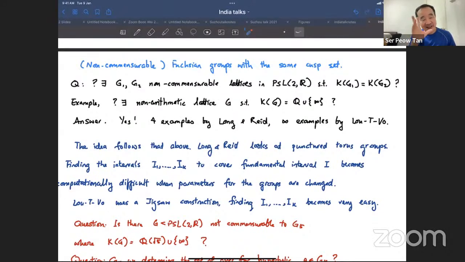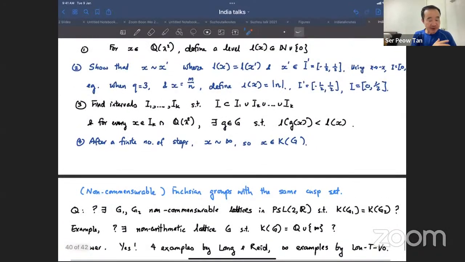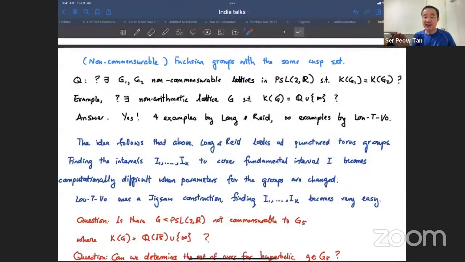There was a kind of variation of certain parameters, from some fixed parameters for the modular group into parameters for punctured torus groups. And then they employed exactly this idea, these steps over here, to try and cover a fundamental interval I by small enough intervals such that denominators were decreased.